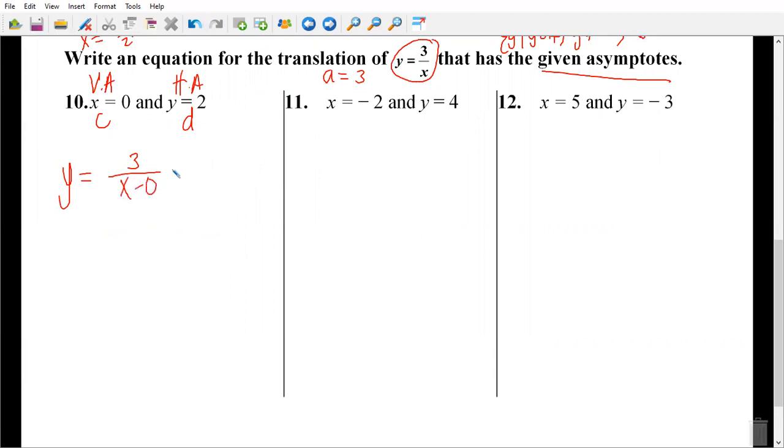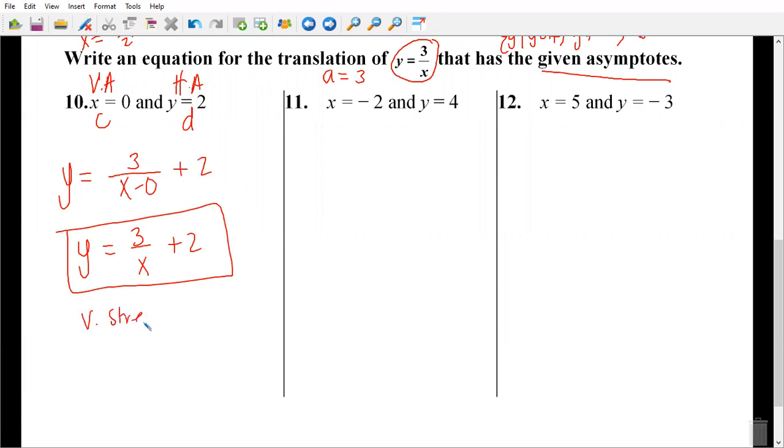So I have X minus 0, and my D is 2. So my equation is Y equals 3 over X plus 2. So from here, I know that this graph has a vertical stretch and a vertical shift by 2, up 2. Agreed?